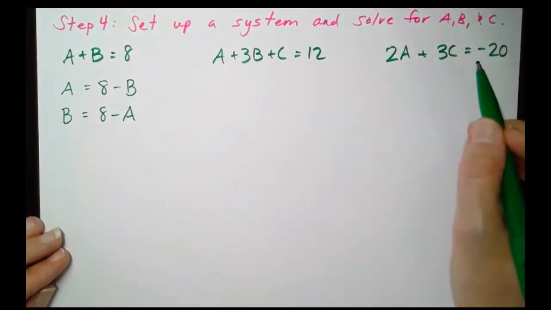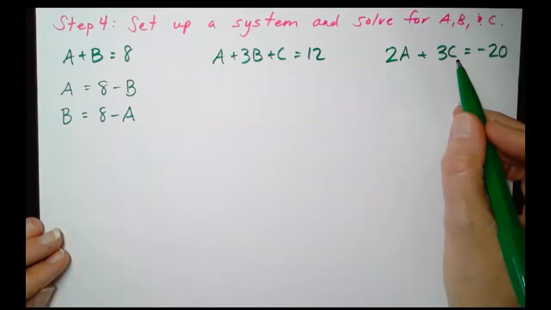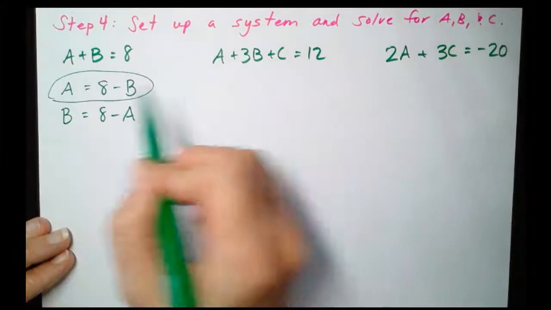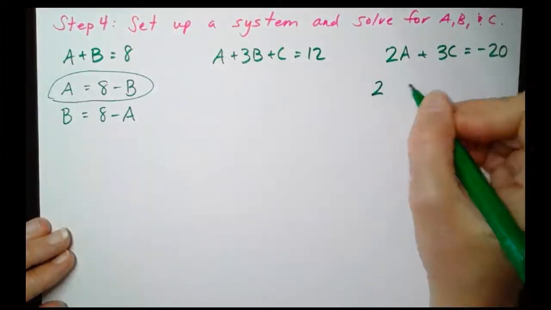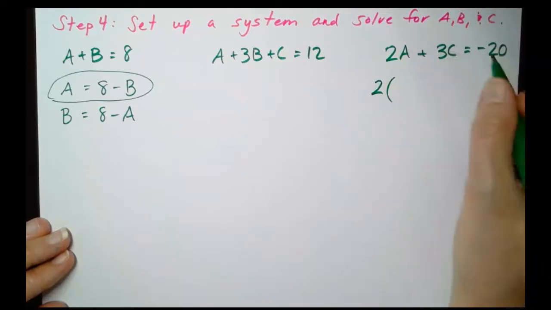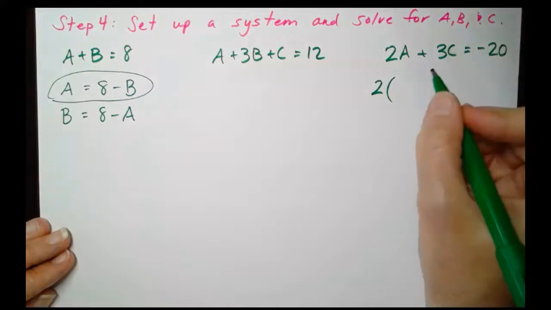So if we solve this one, we can solve this one for A in terms of C, or how about we go ahead and just use this? Let's plug this one in here. 2 times A. The reason I'm not solving for A or C over here is that it's going to make a fraction. So let's just avoid that for a few minutes if possible.